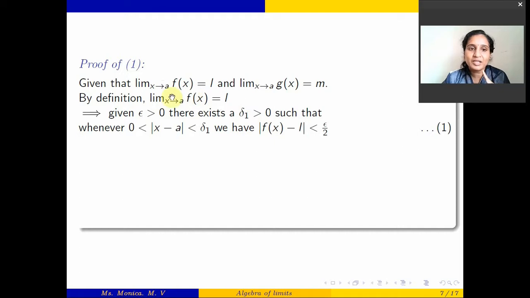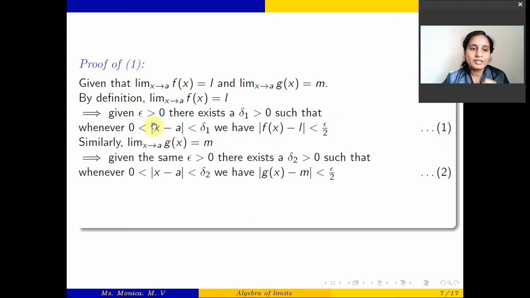So I will take the same epsilon for both of them, and for the first one the delta I get I will call delta 1, and for the second limit the delta I get I will call delta 2. By definition, modulus of f(x) minus L less than epsilon is what we stated in the limit definition. But why epsilon by 2? I will come back to this epsilon by 2 later. I will call this equation 1.